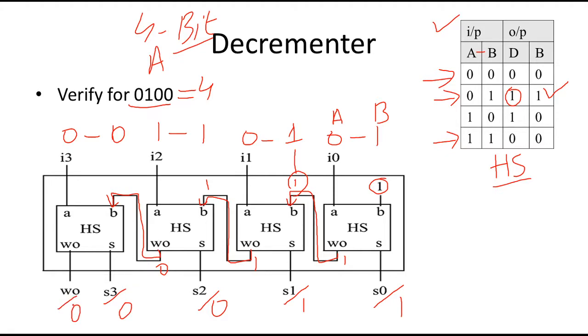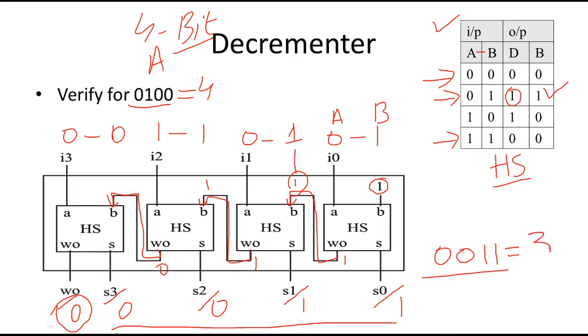For a 4-bit number, we just drop this borrow, and this is our final answer, which is equal to 0 0 1 1. So 0 0 1 1 is equal to 3, and our original number was 4.